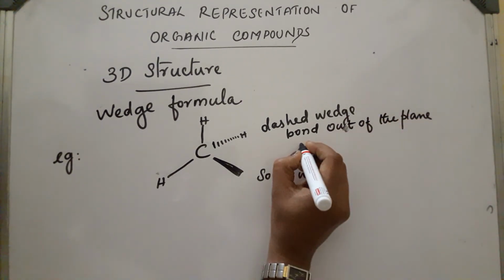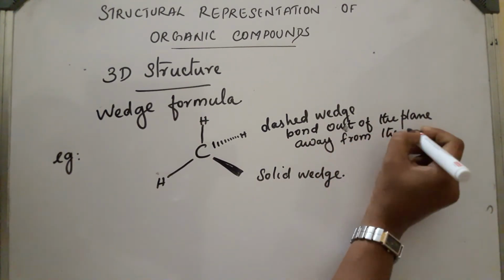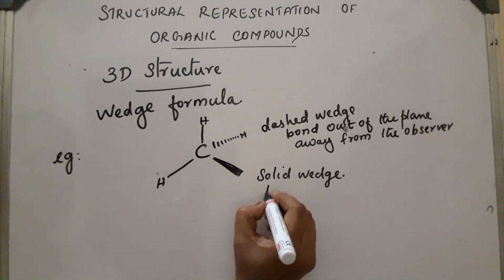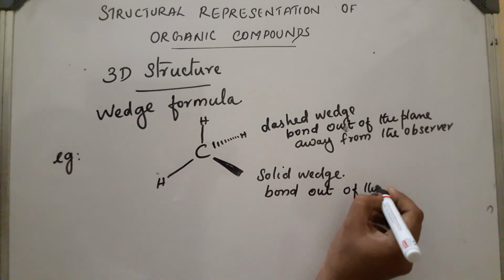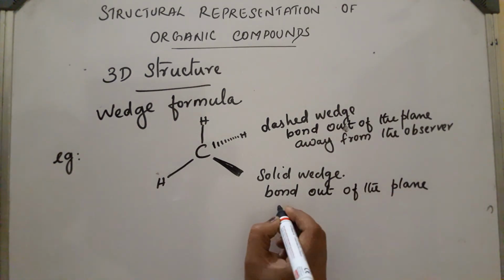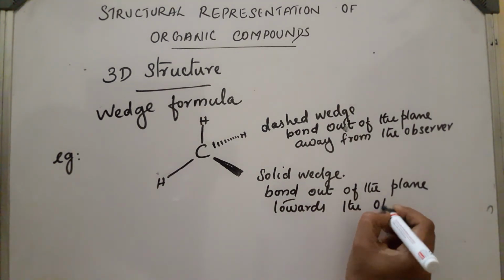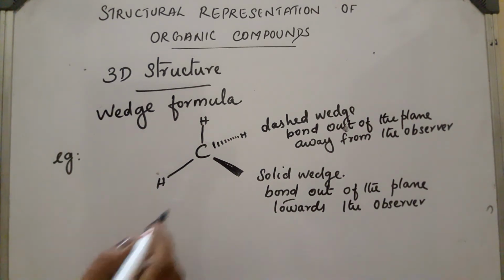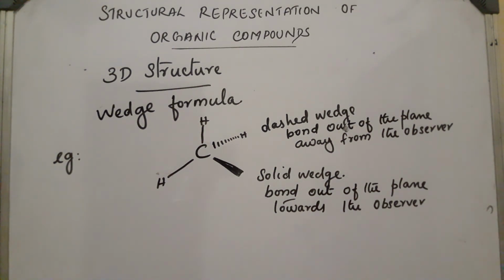The solid wedge represents a bond out of the plane, towards the observer. The broad end of the solid wedge will be towards the observer, and these two normal lines are on the plane of the paper. These are the different representations of the molecule.